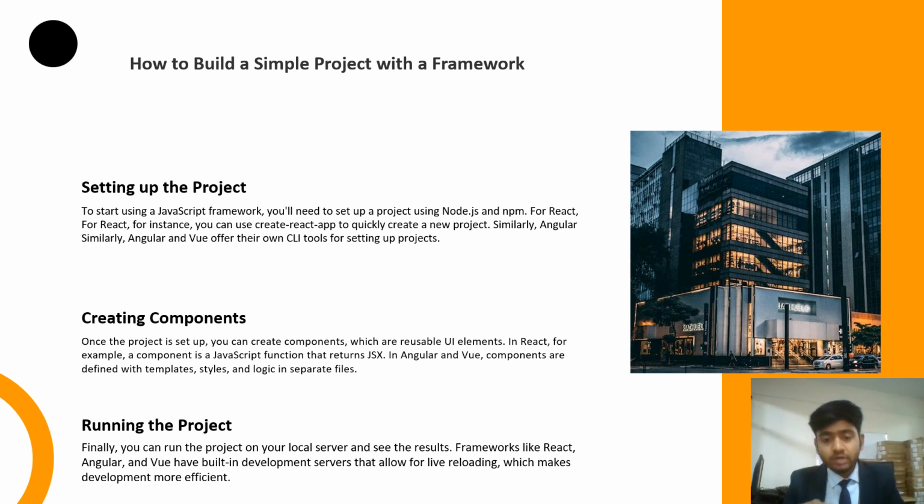How can we run the project? We have to have a server, we have to have a client, and then we can interact between them using JavaScript as an intermediary in the project. First of all, as we have finished setting up the project and creating the components, now we can run the project on a local as well as a remote server.